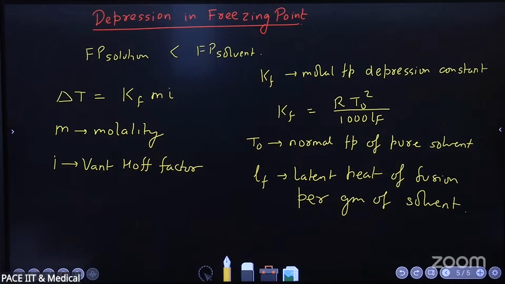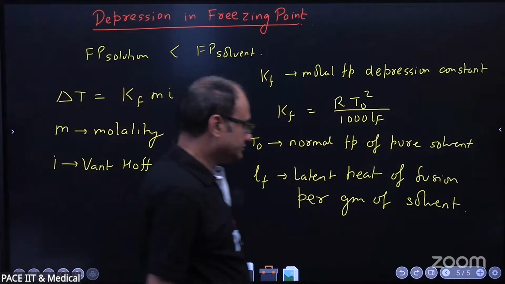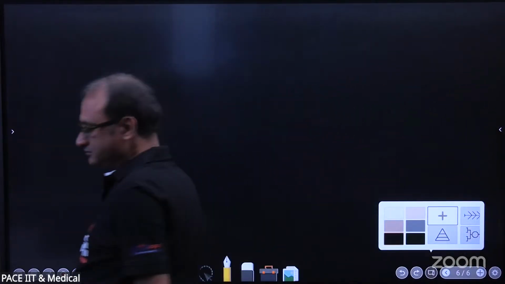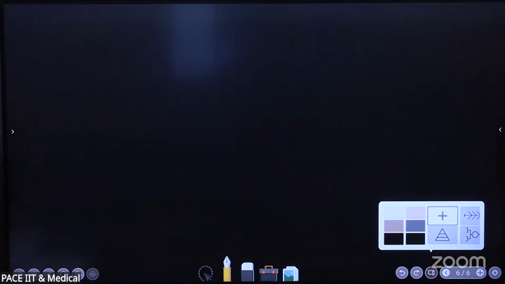So let's take a few examples on these from our PYQ main. Let's take our first example like this. Solute A is given.